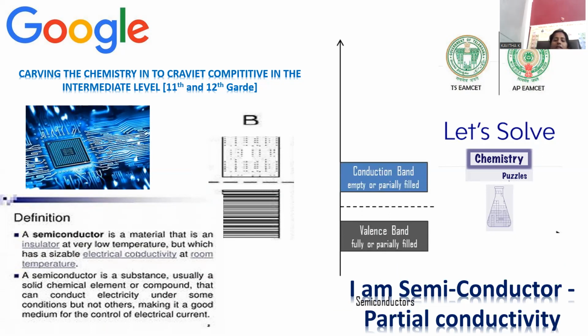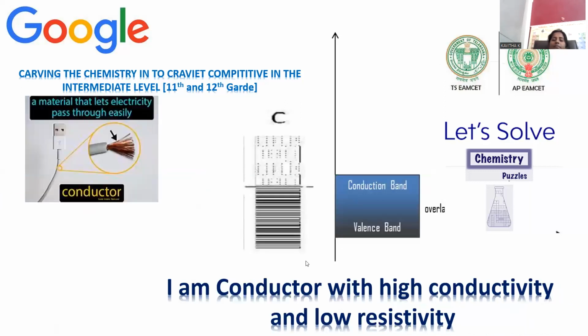Semiconductors have partial conductance. At low temperature there is no conduction. If we raise the temperature to room temperature, there is a sizable electronic conductivity. You can notice partial conduction, a semiconductor with partial conductivity.